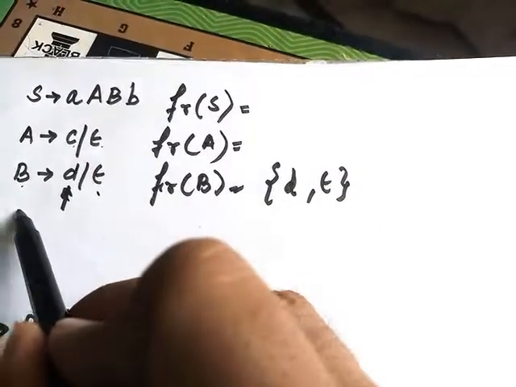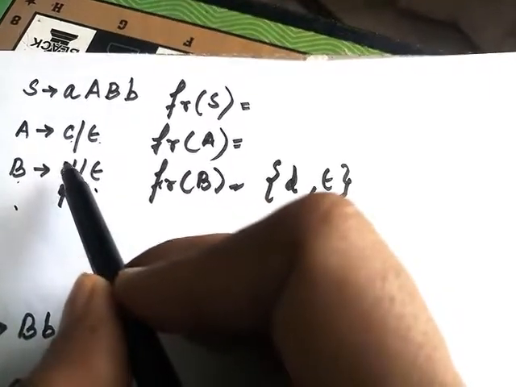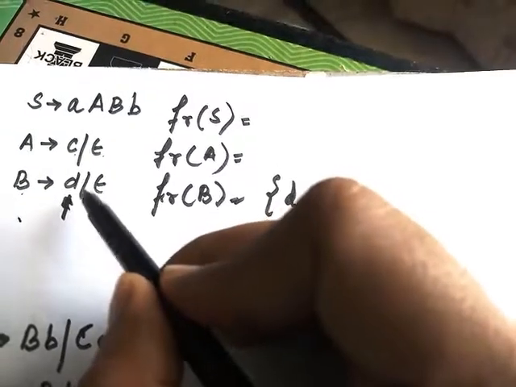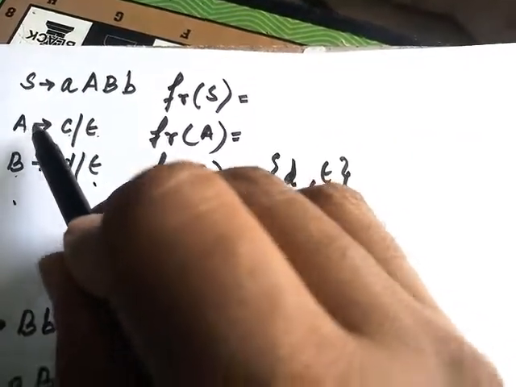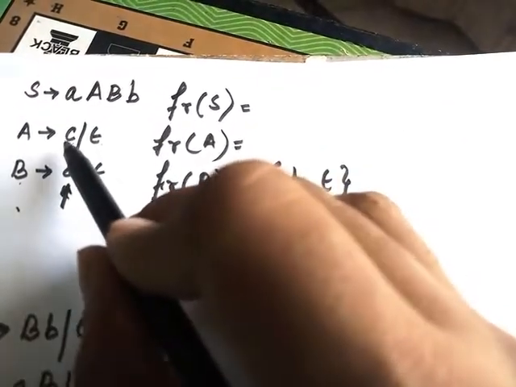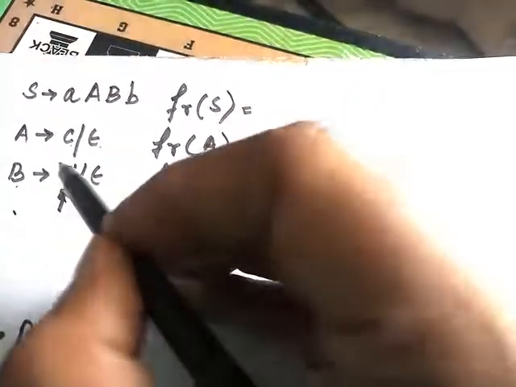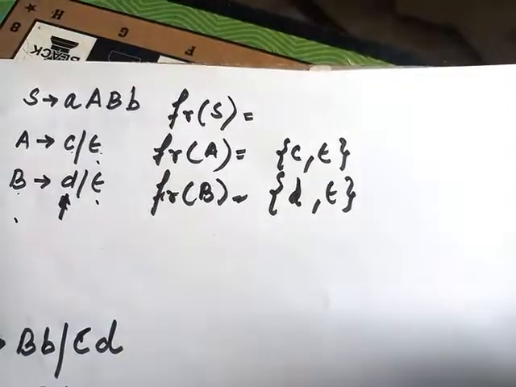So first of B is the first symbol on the right hand side, that is D. Similarly, D and epsilon is the first of B. Here also first of A is what A generates, C. There is only one, so this is the first, and it generates epsilon, so this is the epsilon.